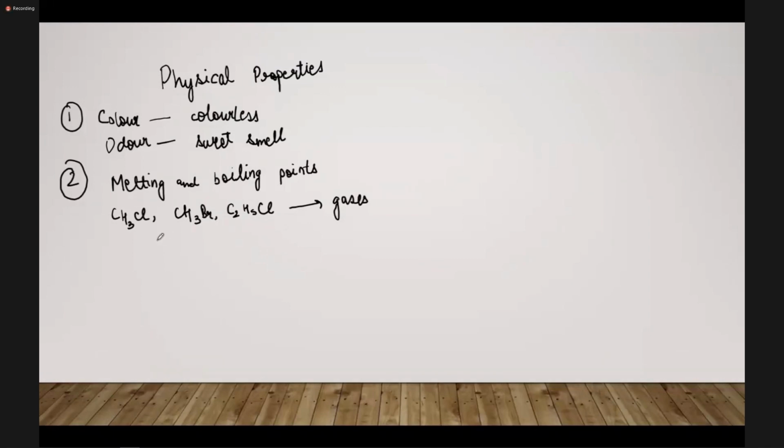When we compare these with the parent hydrocarbon, for methyl chloride the parent hydrocarbon is methane, that is CH4, because it is made from CH4. If we are talking about C2H5Cl, its parent hydrocarbon will be ethane, that is C2H6.